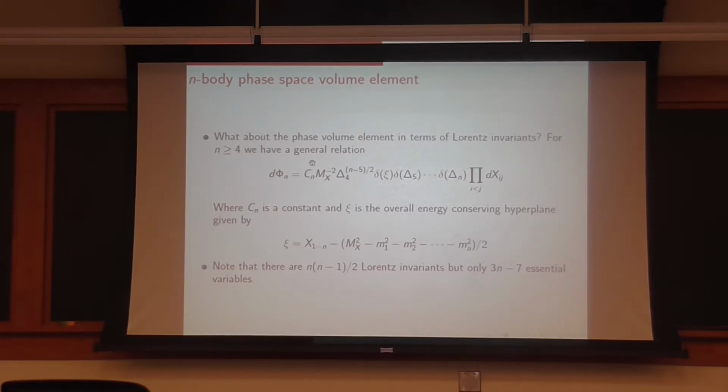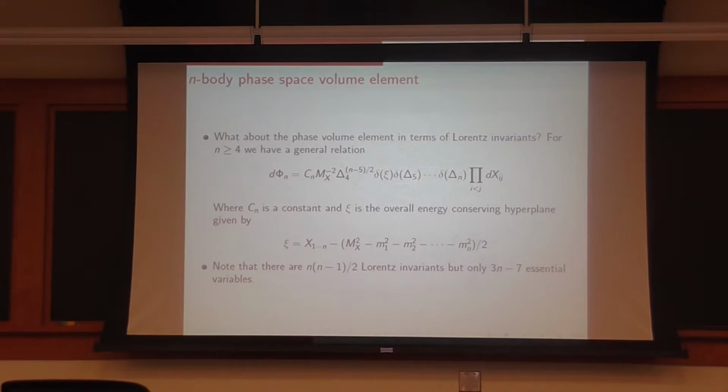Okay, so let's talk about the phase space volume element in terms of these quantities. So here's the product of our dx_ij. Interestingly, we get these delta functions, and this is valid for n greater than or equal to 4, so at least a 4-body final state. You can go through a cascade decay, or it doesn't matter, you can just mathematically study a direct n-body decay.